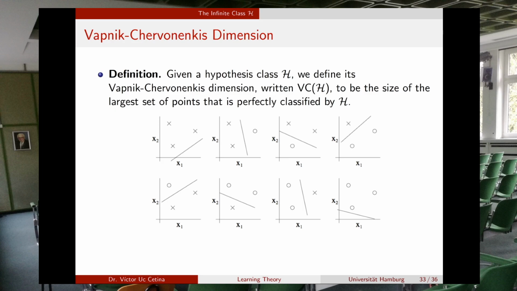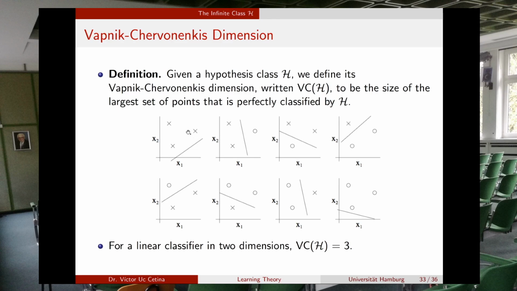So in this particular case, we say that the VC dimension of the model is 3, because that's the largest number of points that we can perfectly classify using straight lines.